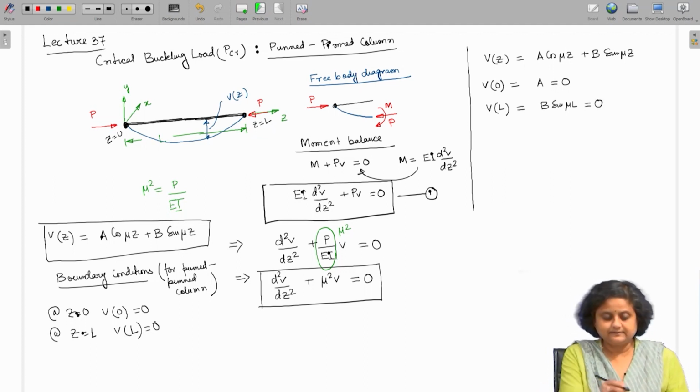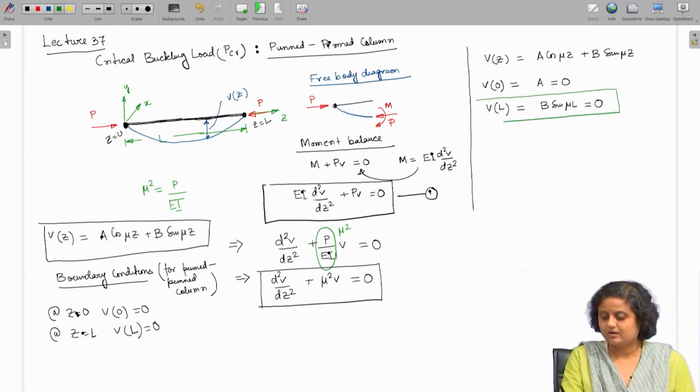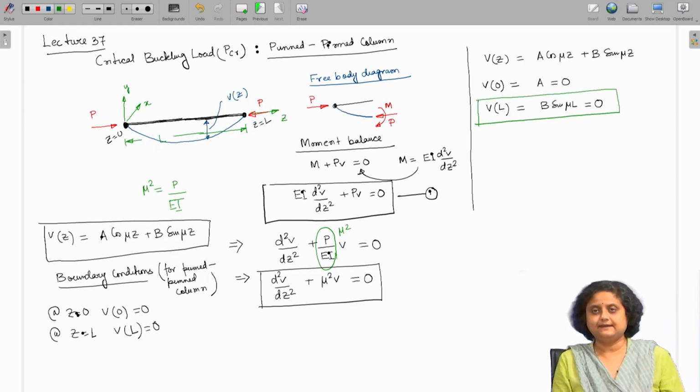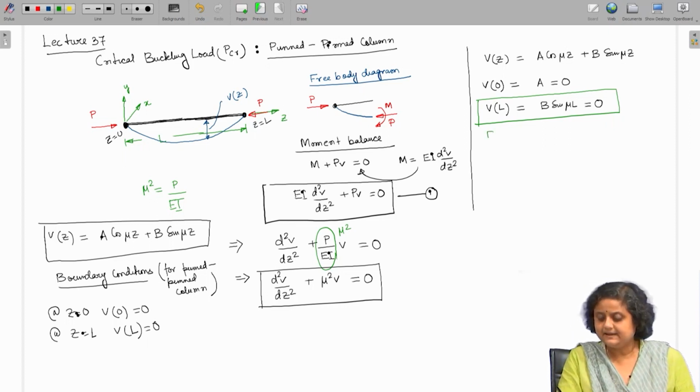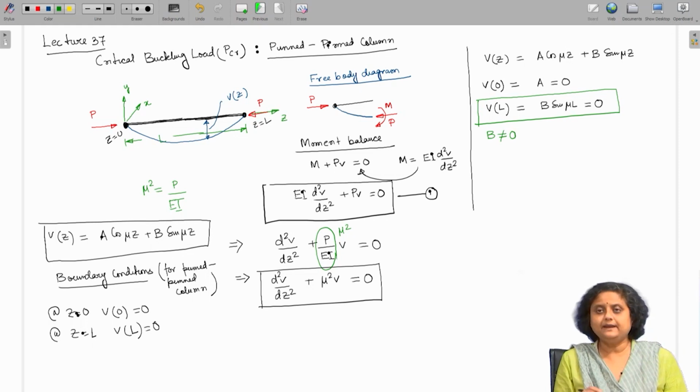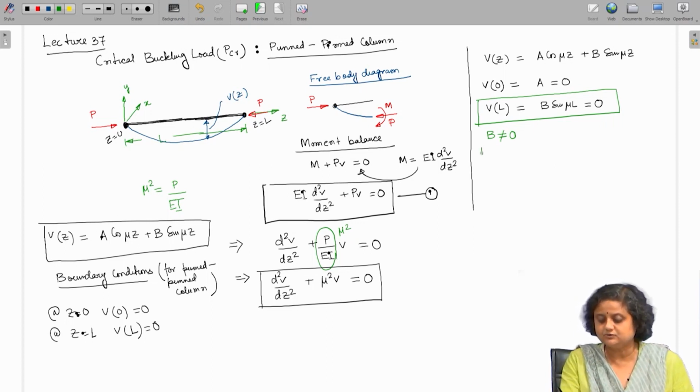Now, from this equation, we can say that B cannot be equal to 0, because if B equals to 0, A is already equal to 0, then Vz is always 0. So, it is going to give a trivial solution.